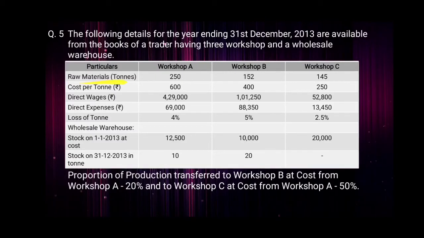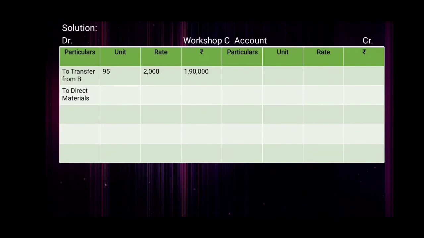Next, raw material in tons for workshop C is given as 145 and the cost per ton is given as 250. To direct materials, 145 units at the rate of 250, so the total amount will be 36,250.